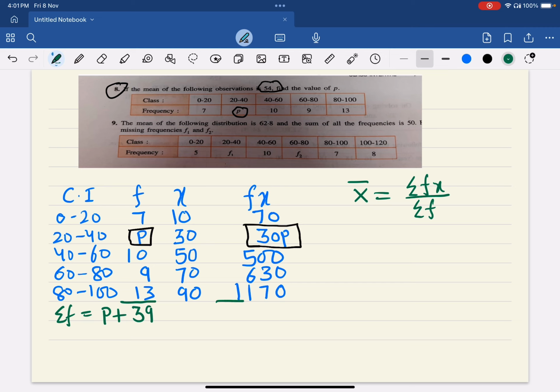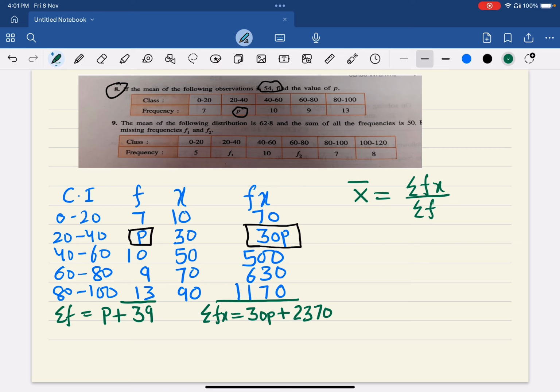Now let us look at sigma fx. Sigma fx is 30p, and again my word of caution, do not by mistake add 30 to the numbers. That's the most common mistake which happens with most of the students. Now if you look, 70 and 630 is 700, and 500 is 1200, then 2200, 2370. So you get 2370.